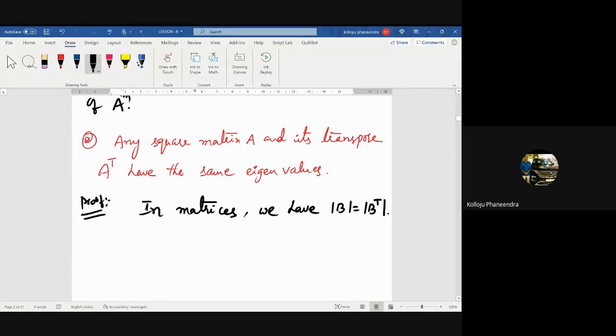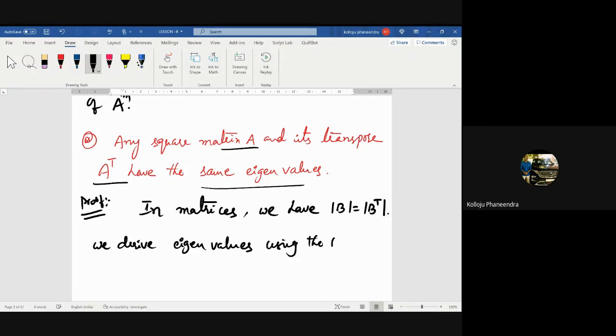Next, any square matrix A and A transpose have the same eigenvalues; we have to prove this. We derive eigenvalues using the characteristic equation. What is that characteristic equation? Determinant of A minus lambda I equal to 0.